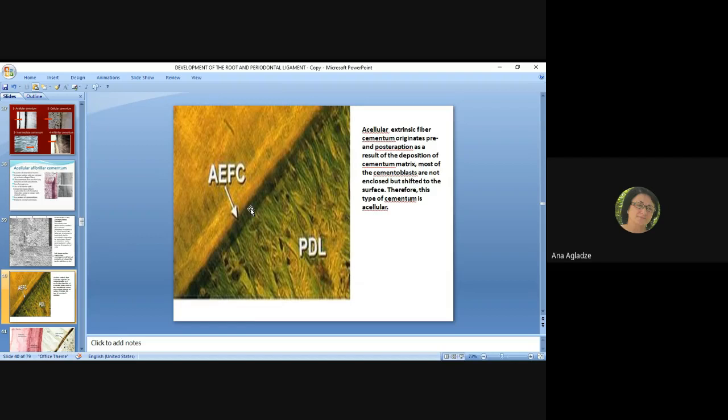After mineralization, these fibers are embedded into the mineralized matrix, and about 1 millimeter coronally of the growing root edge, the acellular extrinsic fiber cementum is only a few micrometers thick. The calcification of acellular extrinsic fiber cementum is similar to that in dentin, and stems from individual globules that fuse together and get bigger.